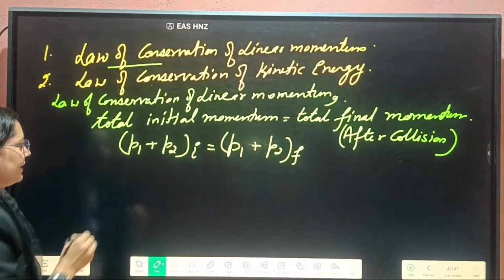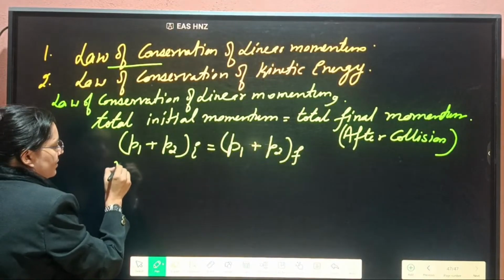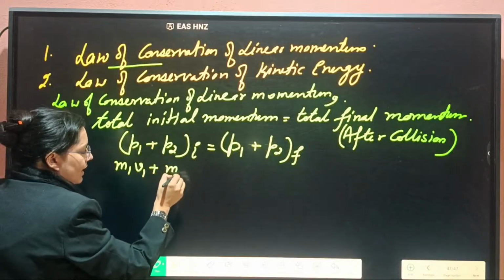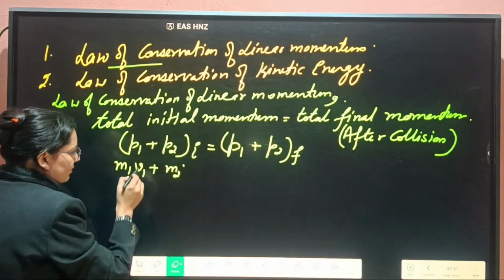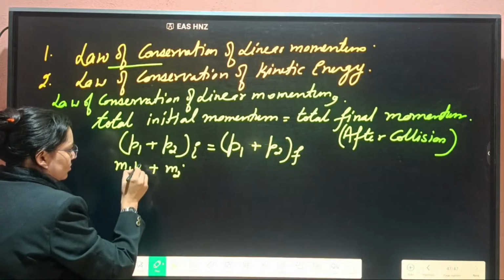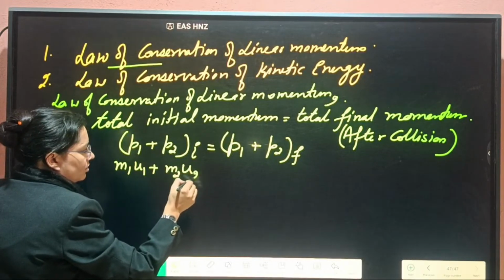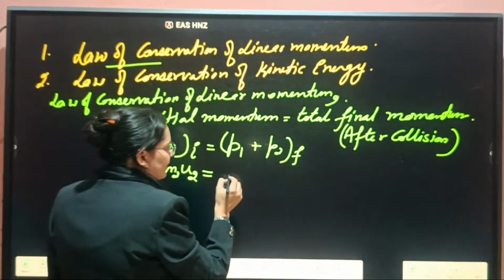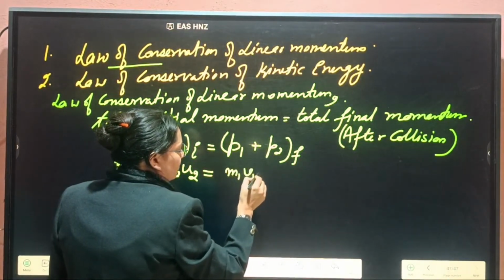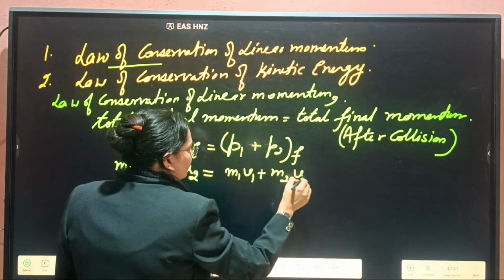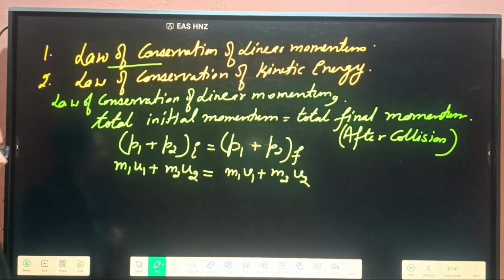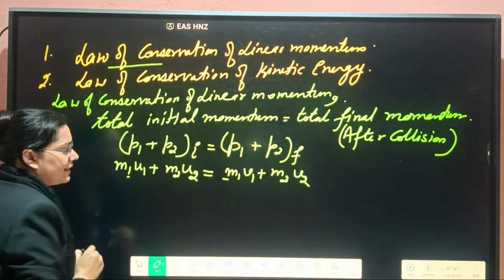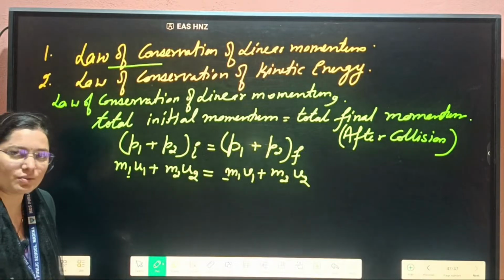So here we will write the initial momentum of this body, m1 u1, plus p2, m2 u2, where u1 is the initial velocity of the first body and u2 is the initial velocity of the second body, and after the collision m1 v1 plus m2 v2. We are writing this, so as we are taking m, beta, on one side, we can take common from here.